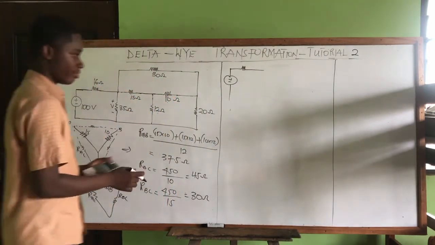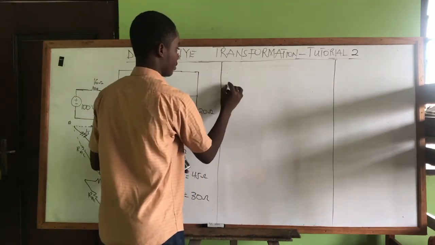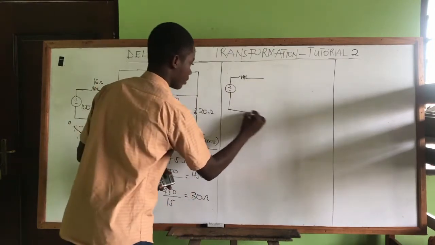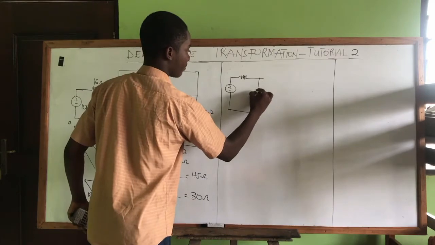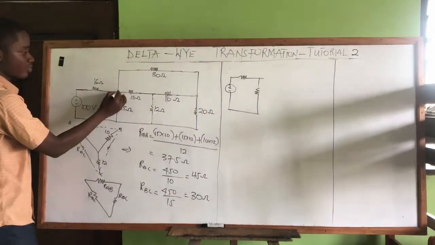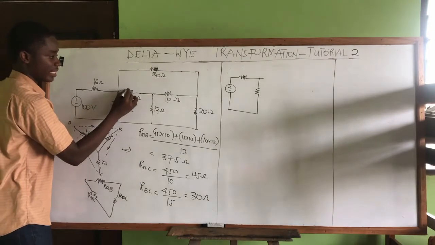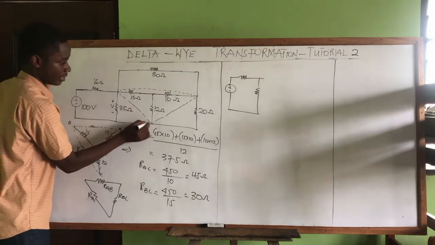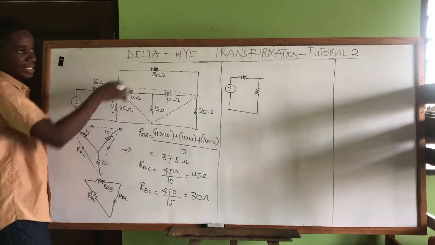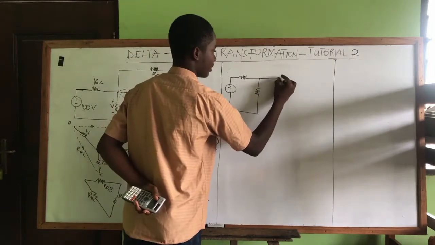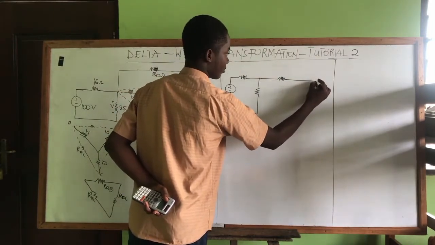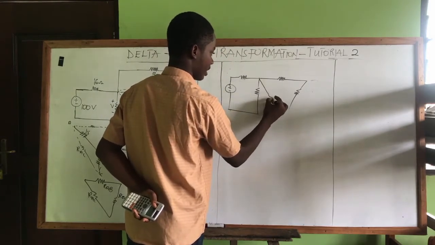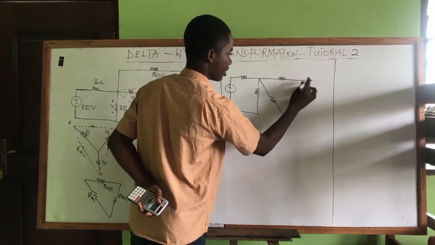Let me bring it down small. I have my 16 here, and my 35 here. Now this point is where we have our delta, replacing the T shape. So let's draw our delta inside there. There is a value here, another branch here for the delta, and another branch here. Let's straighten the wire.